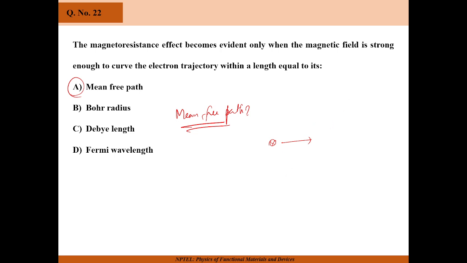If it goes from point A to point B, and no collisions happen between these two positions, and just after crossing B the collision happens, then the average distance between two successive collisions, the path it has traveled before a collision, is basically its mean free path.